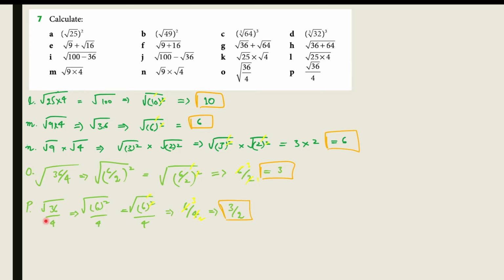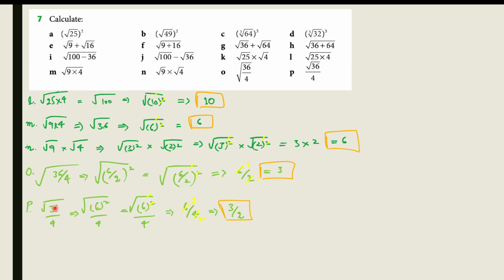The last part of the question has square root of 36, and then the denominator 4, which is not under the root. So we write 36 as 6 square, and not the denominator, because it's not under the root.